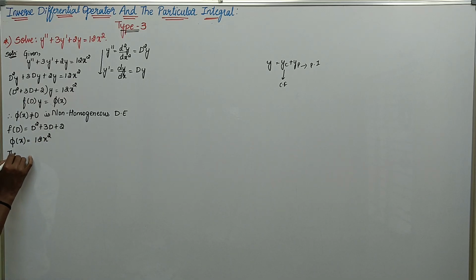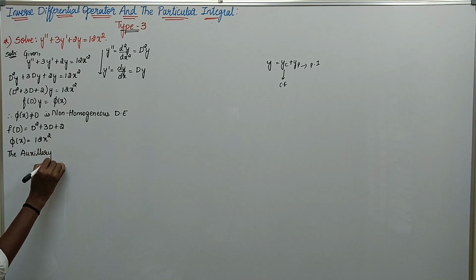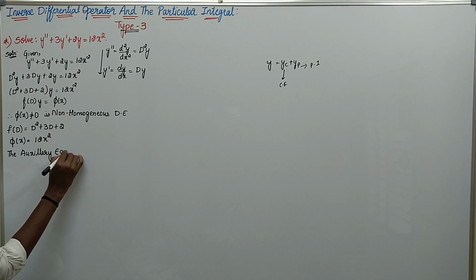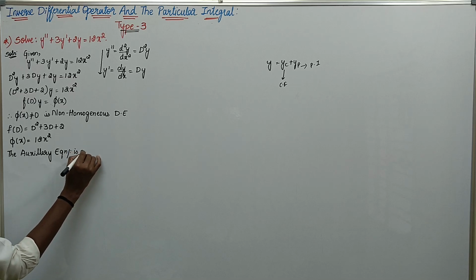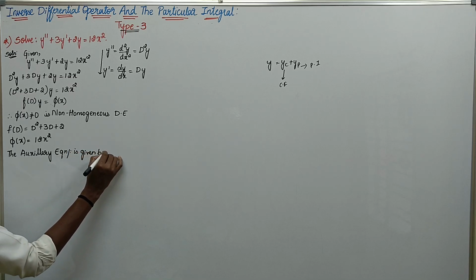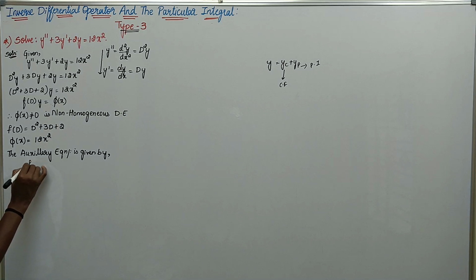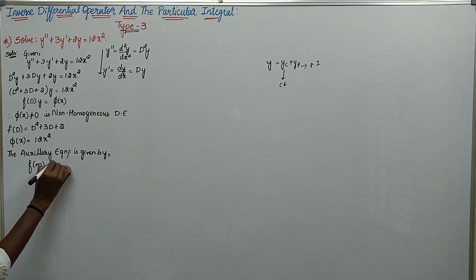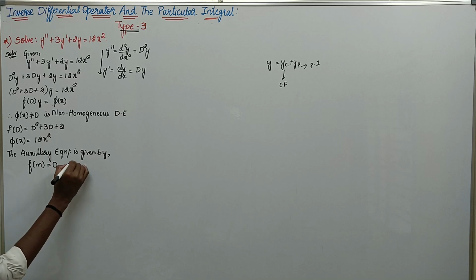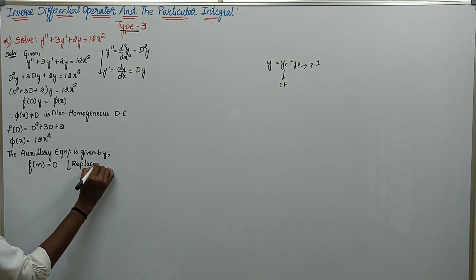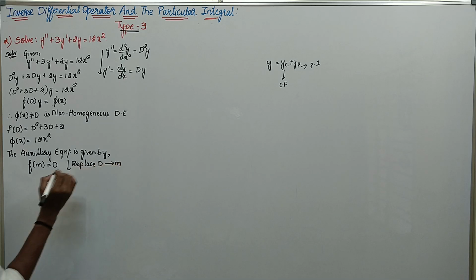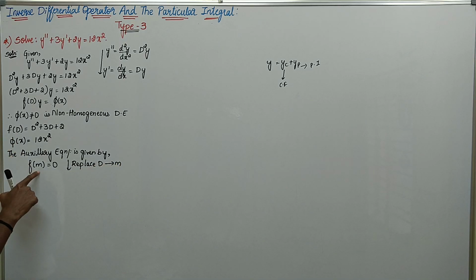So I am going to consider the auxiliary equation, given by f of m equal to 0, where in place of d we replace m.